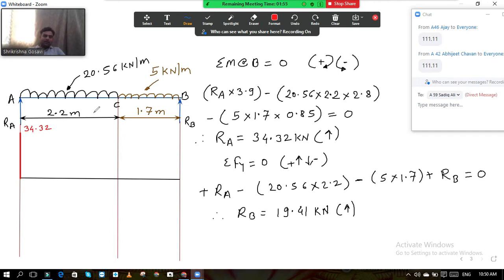After pressing minus, the calculator screen will show minus 20.56 into 2.2, so it is minus 10.91. So at point C, it is showing minus 10.91. Okay, so I will draw it.